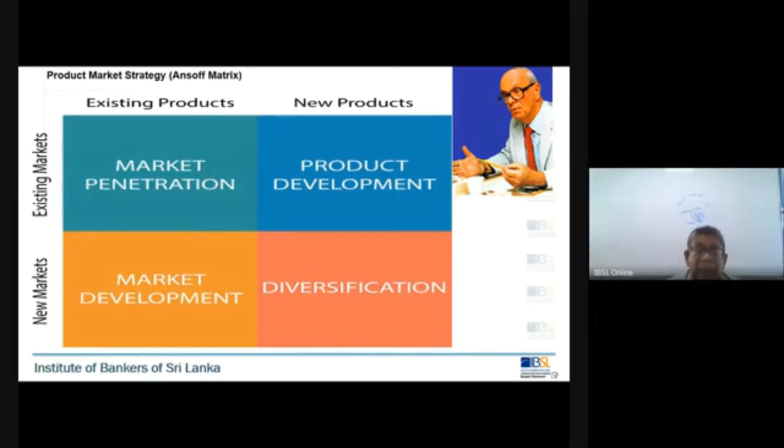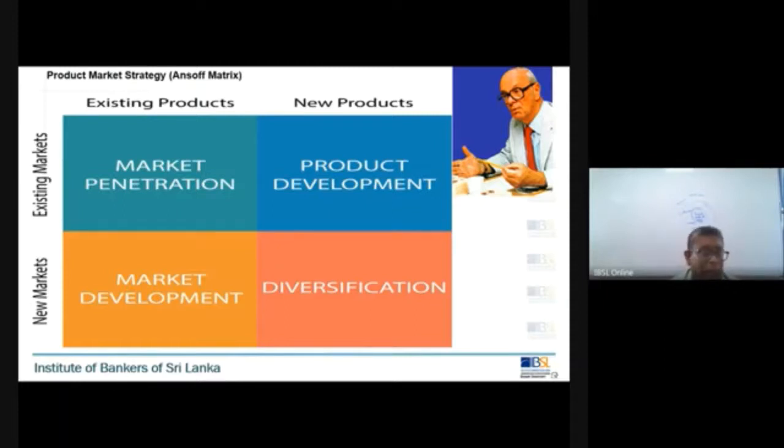For that, Ansoff is the person who has identified 4 types of strategies. Remember that. What are these 4 types of strategies? You don't need to know much in detail, but for the benefit of all of you, I may put that also.